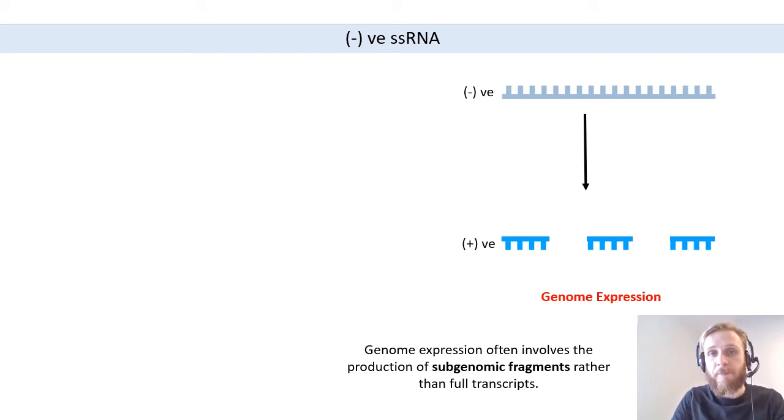So this idea that genome expression doesn't just necessarily involve full-length positive strand copies being made, but actually involves subgenomic fragments being made. So again, as we can see here, this is the case for negative sense single-stranded RNA viruses in genome expression. Positive sense RNA is created from the negative sense genome, but this positive sense RNA is made in subgenomic fragments, so in these fragments that are then translated into protein.